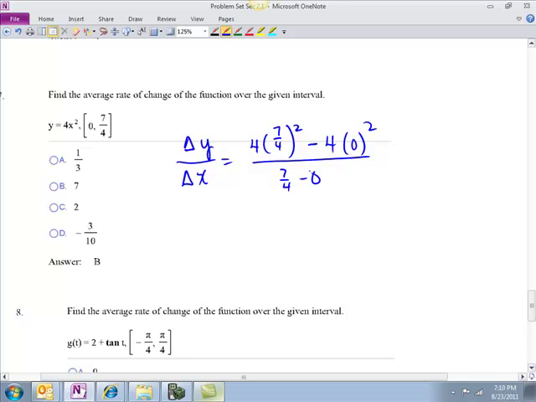What do you do when you square a fraction? Not doing it on the calculator. Yeah, square the top, square the bottom.